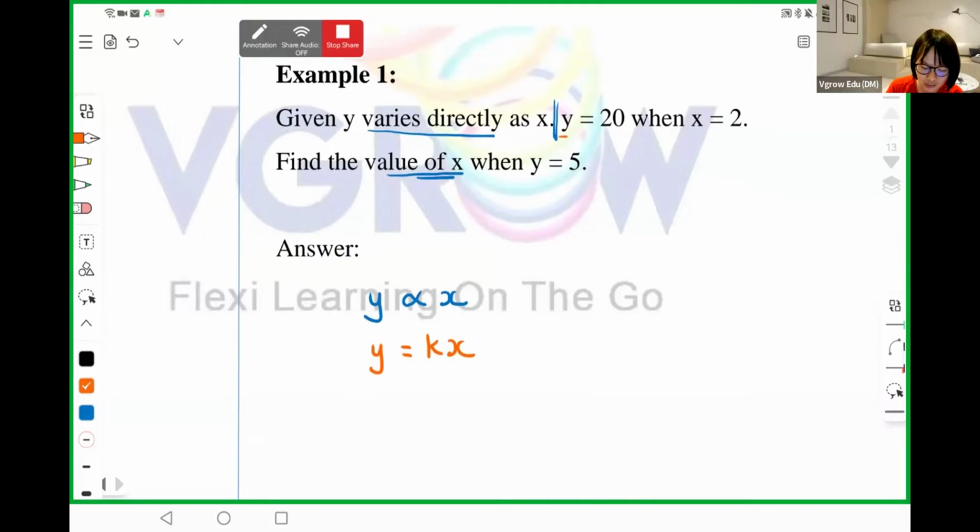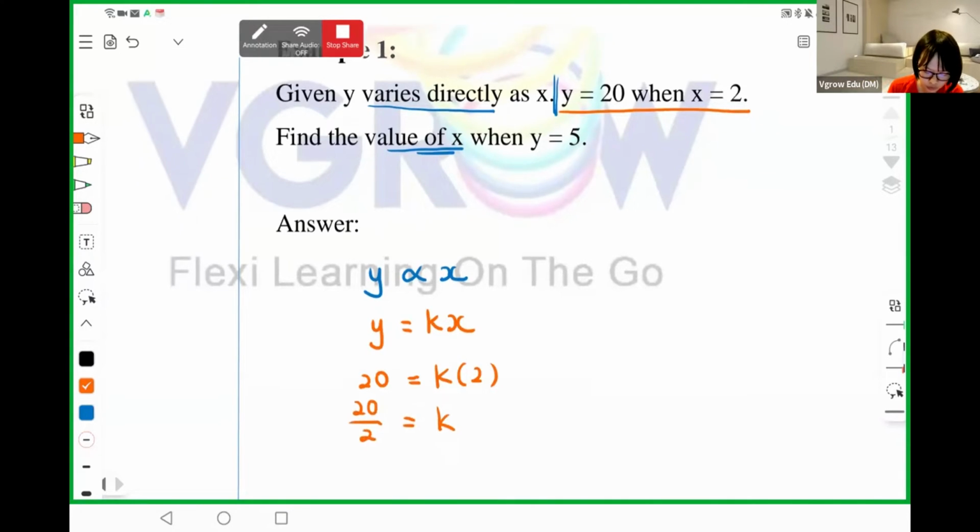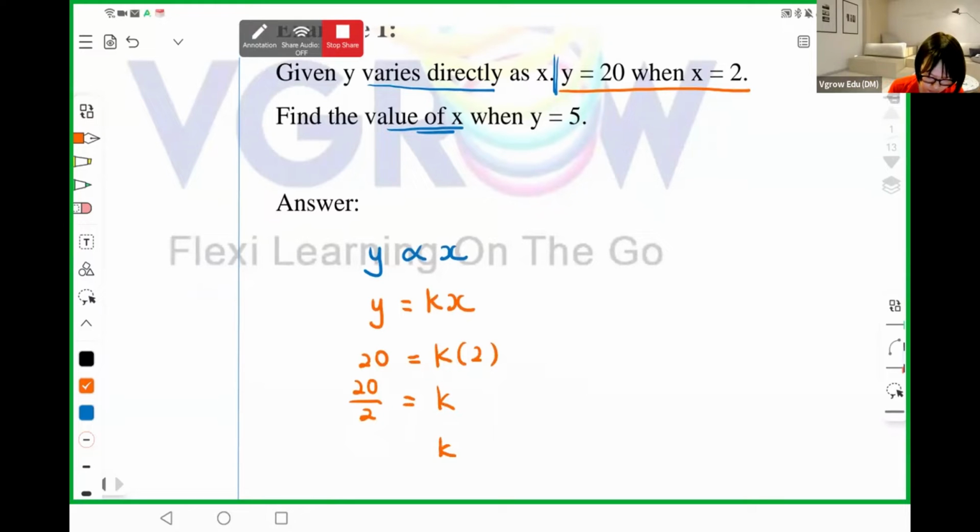Now we have the values, so we just insert them. Y is 20, k we do not know so we just write k, and x is 2. So how to find k? K equals 20 over 2, so k equals 10.